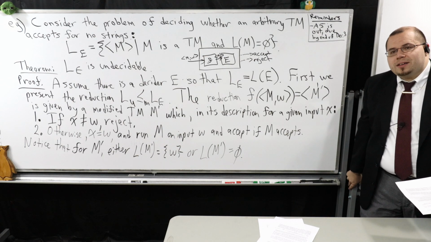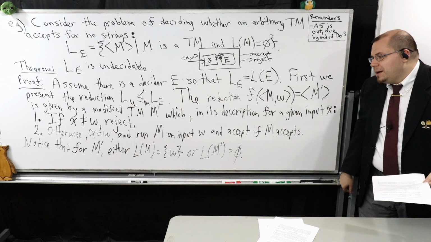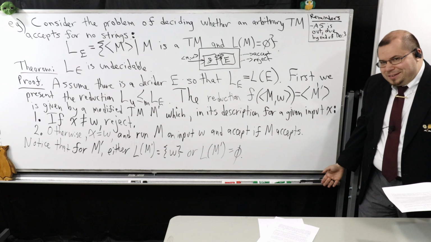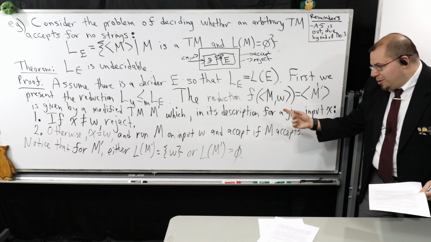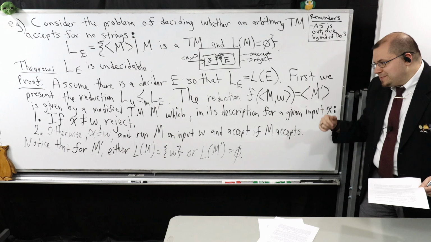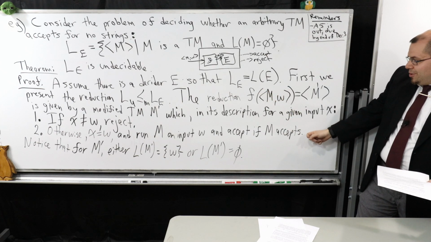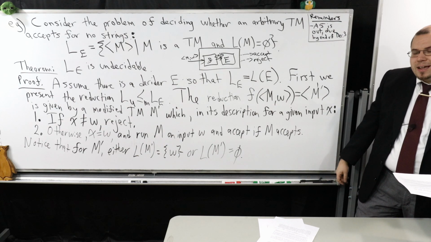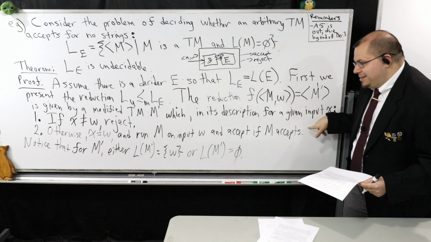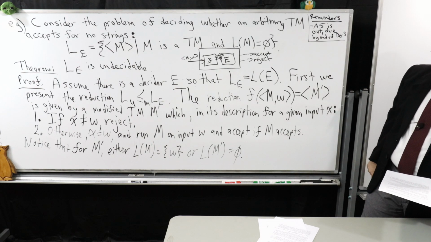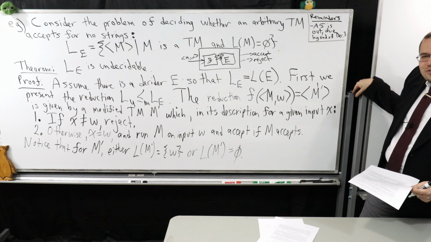And this is the only circumstance for which the machine could accept, right? So there's really two possibilities that can happen with M prime. Either X is equal to W, and it means M on input W accepts, right? Or it rejects, so meaning either the first case happens or it rejects right here in this step. We really care about this part right here. So does everybody sort of see the trick I'm using here?